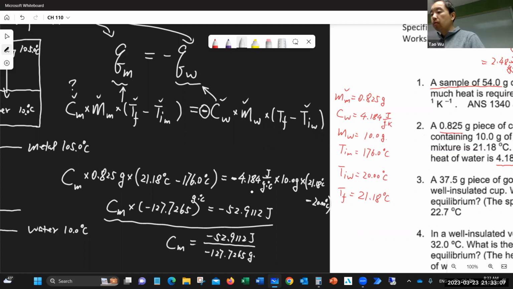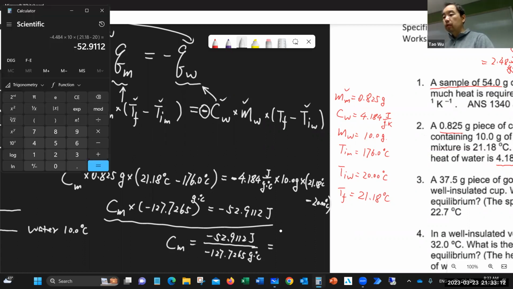And this is gram Celsius. And then the negatives cancel. 52.9112 divided by 127.7265. And we got a number.